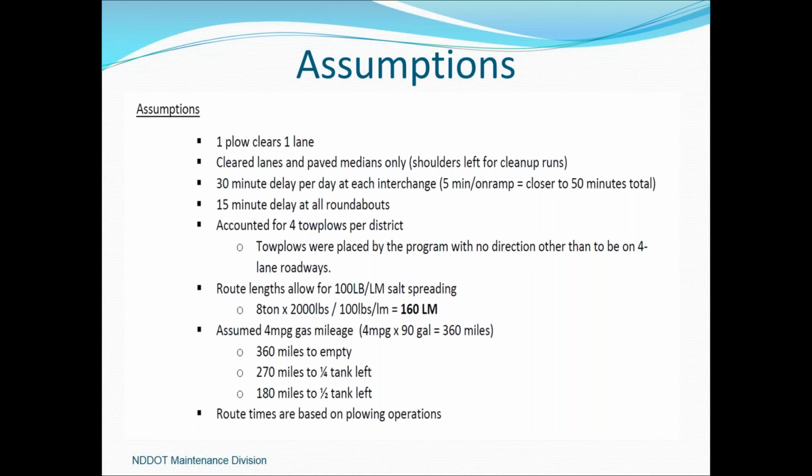We allowed the company and the program to tell us where the optimum place for those tow plows were, but we did dictate that they be on 4-lane roadways. We also validated that our salt would reach the extent of these routes, as well as fuel.